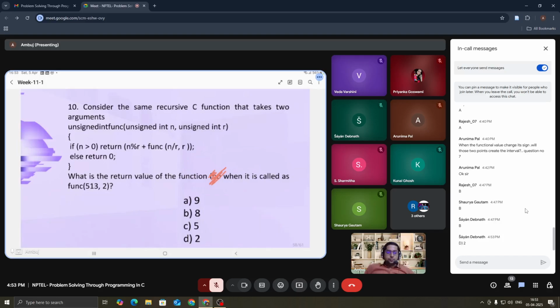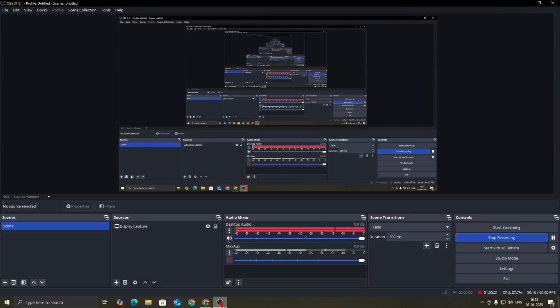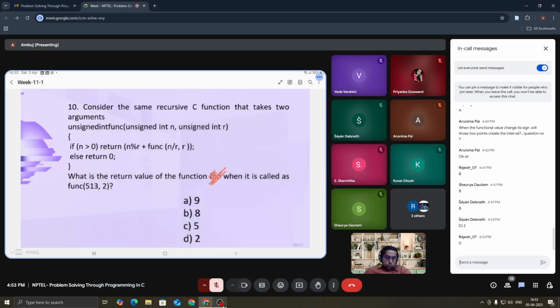2. Very good. Very nice. Anybody else who would like to tell what would be the correct expression? Anybody else who would like to mention which value will be correct? Please go ahead. Good.